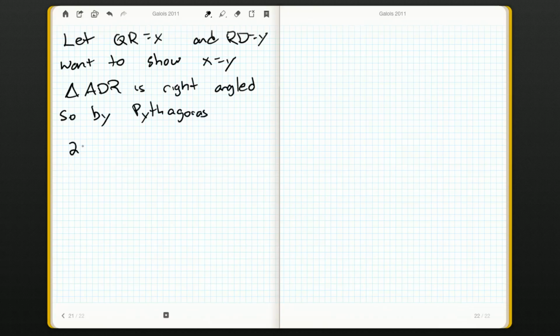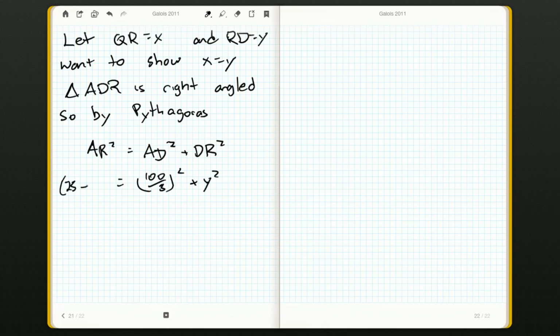So by the Pythagorean theorem, we know that AR squared, no, that's the hypotenuse, sorry. AR squared is equal to AD squared plus DR squared. So that's 100 over 3 all squared plus Y squared. And this is going to be 25 plus X squared.